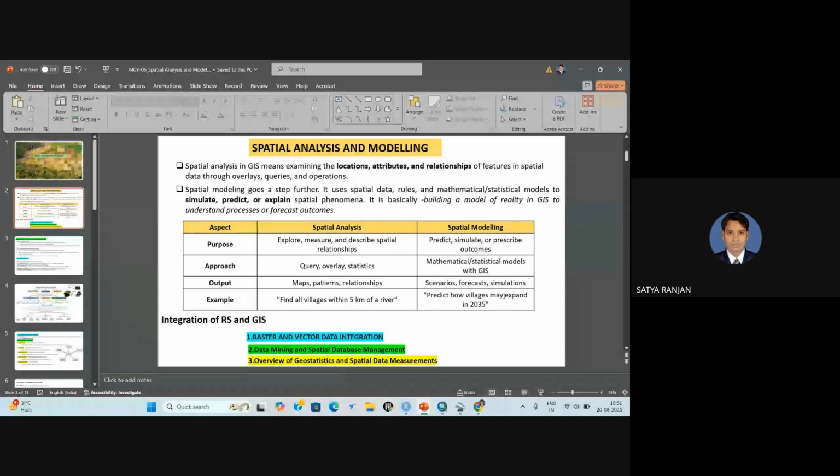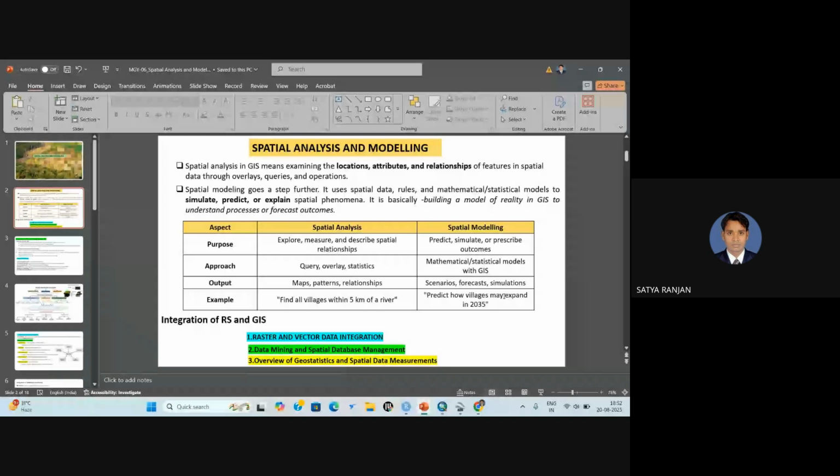Likewise, in atmospheric science, agriculture, and forestry, a lot of models are used for the estimation of different parameters. So this is spatial modeling, and spatial analysis is related to direction, location, latitude, longitude information, area calculations, and length. Basically, geometrical calculations and location directions are used in spatial analysis.